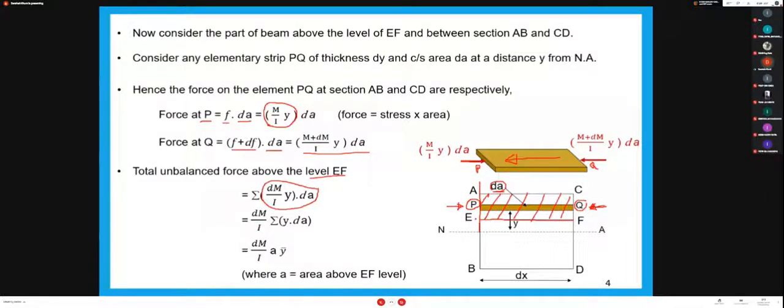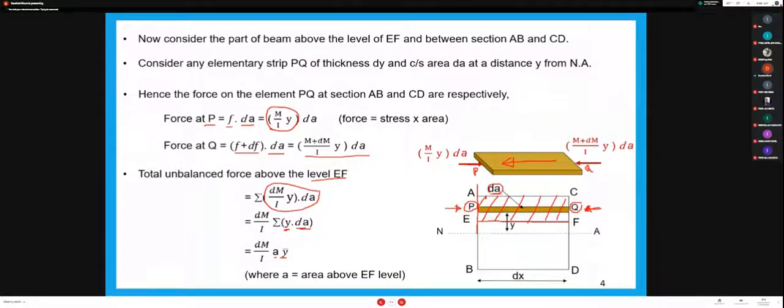Only the area and its distance from the neutral axis change. So y into dA: dA is the area and y is the distance from the neutral axis. So area and perpendicular distance, that is the first moment of area, defined by A into y bar. Okay. So dM by I into A into y bar is the total unbalanced force above the EF level.